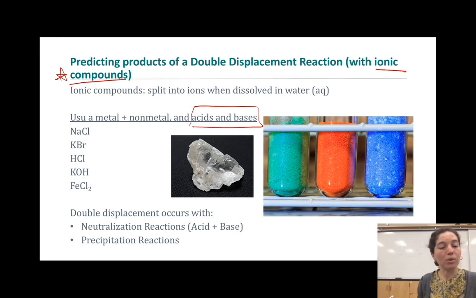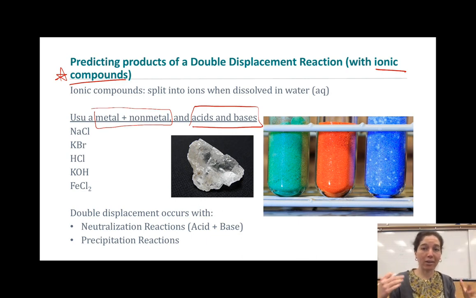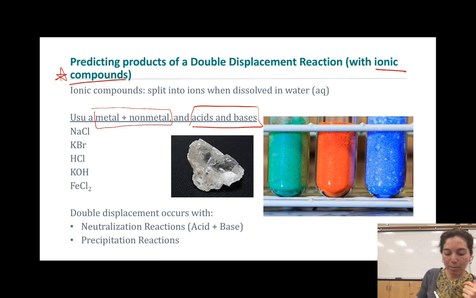So here are some examples of our ionic compounds. Remember, ionic compounds usually have metals and nonmetals together. We've been talking a lot about molecular compounds, things with two nonmetals in them, like water has two nonmetals, or something with phosphorus and chlorine, or sulfur and chlorine, that sort of stuff. Those are molecular compounds. But stuff with ionic has a metal in it, starting at the beginning, and a nonmetal at the end.